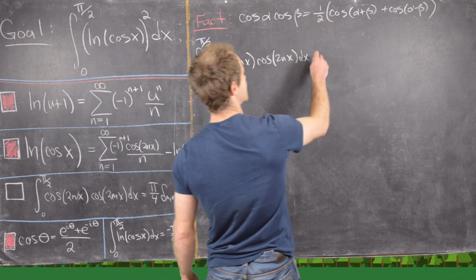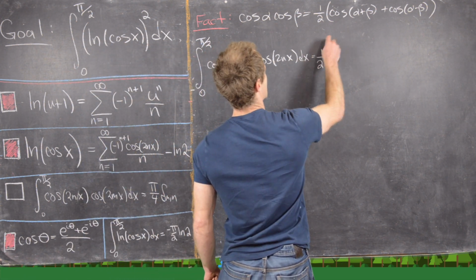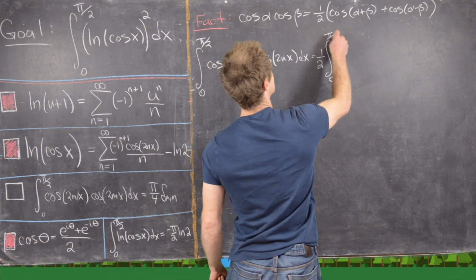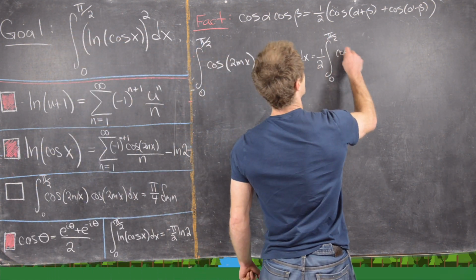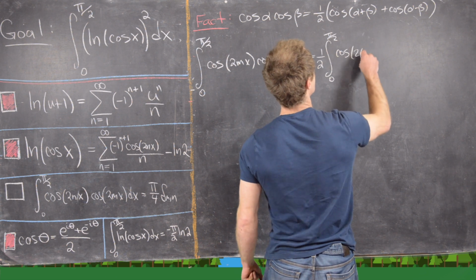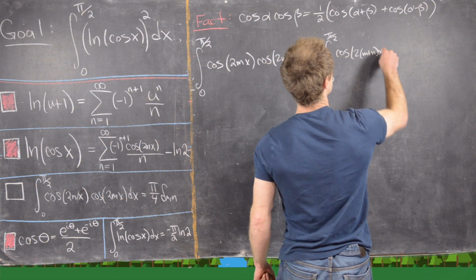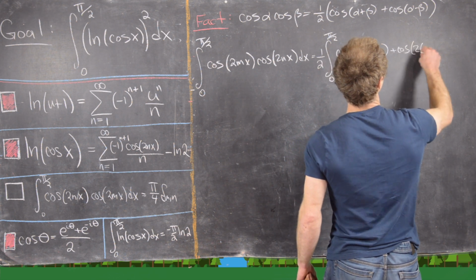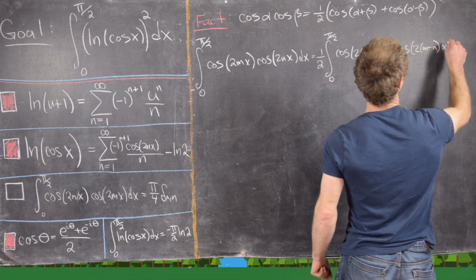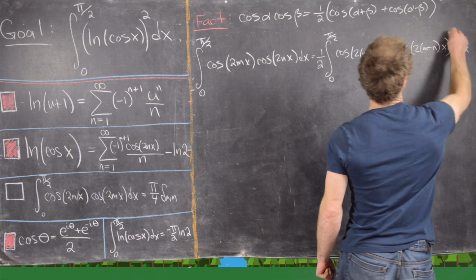But applying this identity, that's going to give us a half, the integral from 0 to pi over 2 of cosine of 2(m plus n) times x plus cosine of 2(m minus n) times x dx.